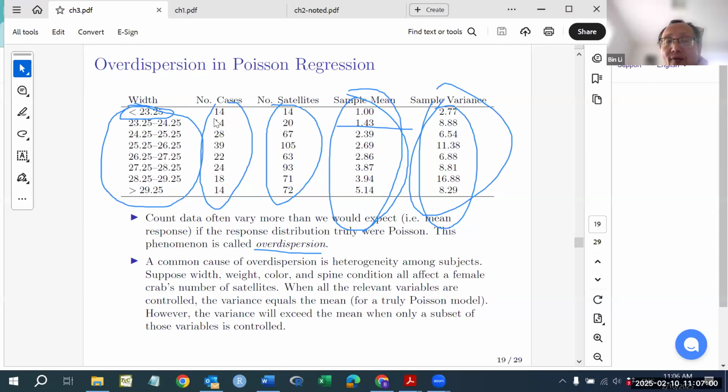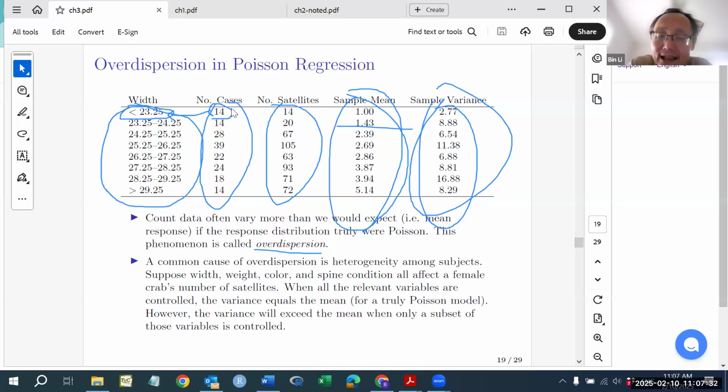For example, we have 14 cases in the first group, and these 14 cases may have different colors, weights, and spine conditions, and they all may affect the number of satellites.